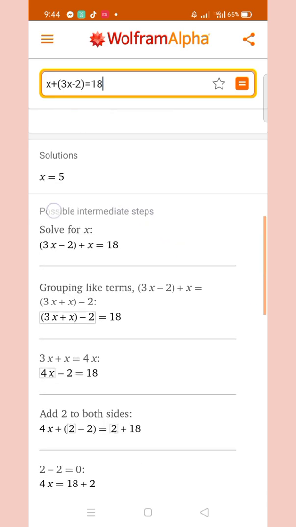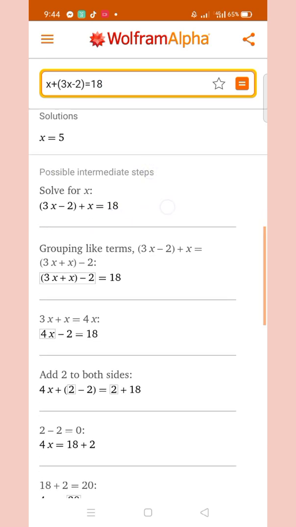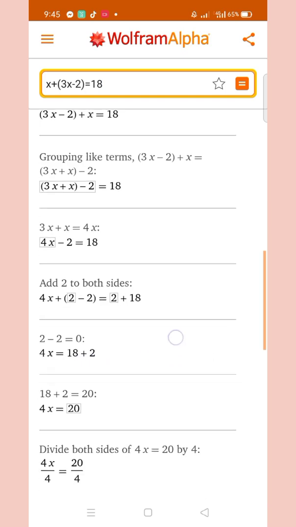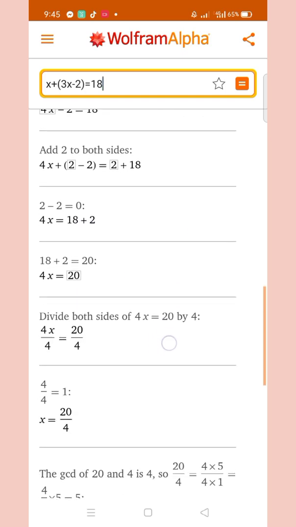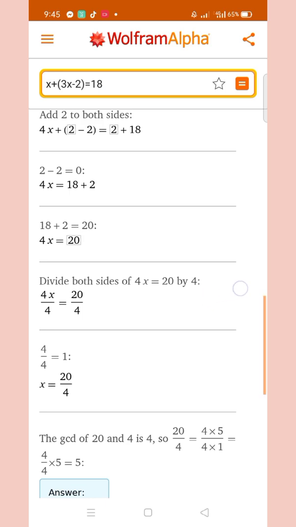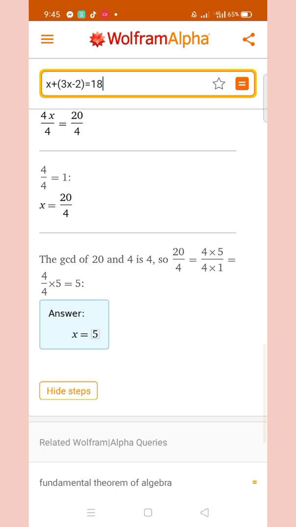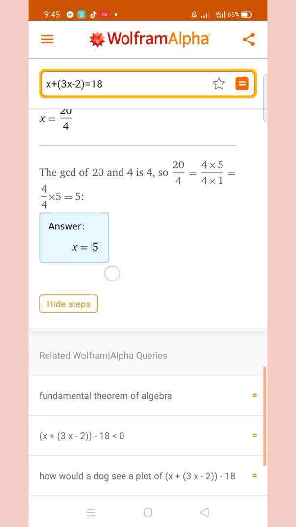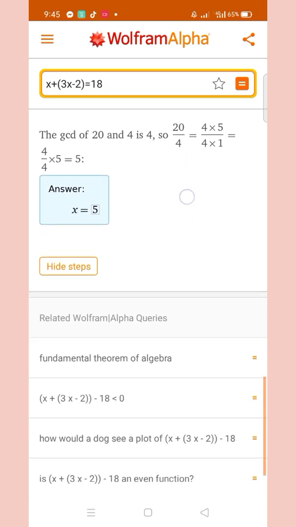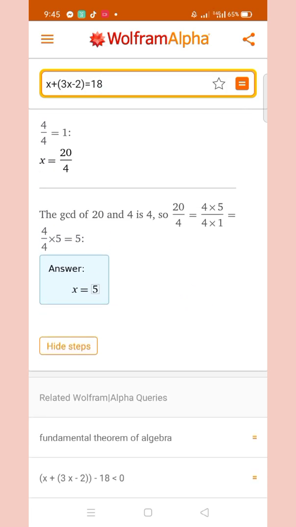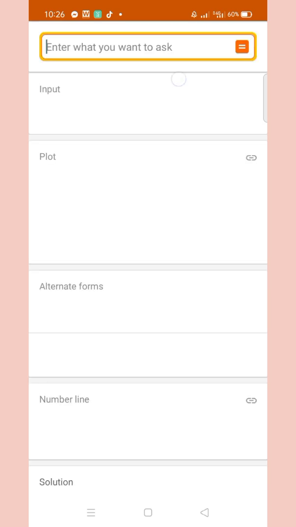So, possible intermediate steps. Solve for x. 3x minus 2 plus x equals 18. So, you need to group like terms. 3x minus 2 plus x equals 3x plus x minus 2 equals 18. Add 2 to both sides and then divide both sides by 4. And we will get the greatest common denominator. And then the answer. So let's try another equation.